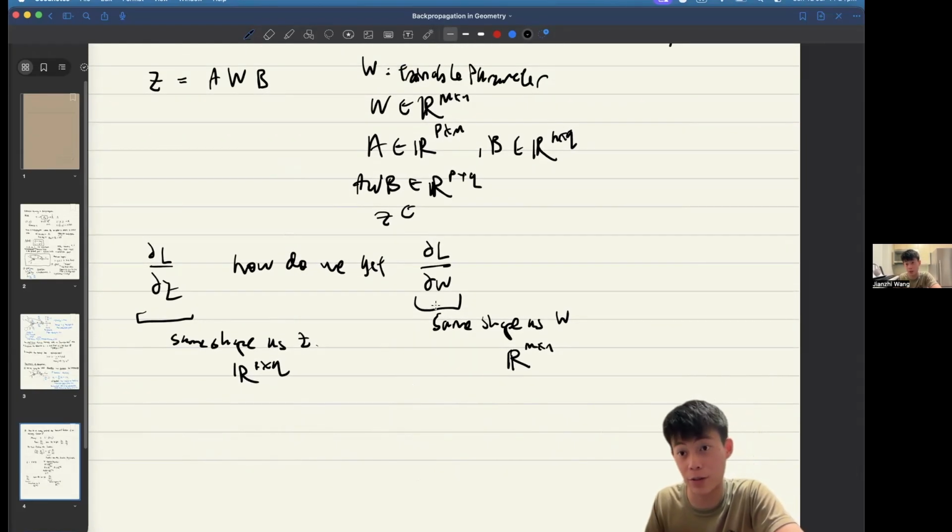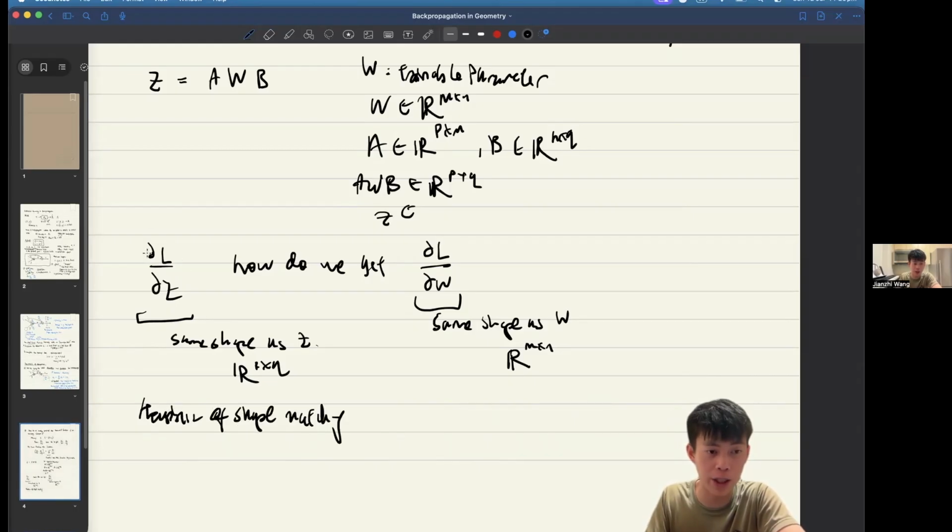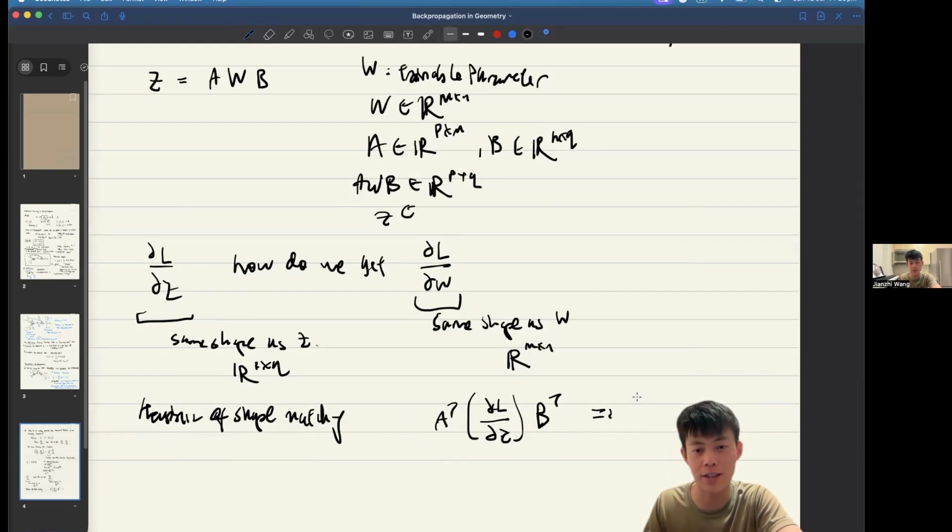Before I learned all the differential geometry tools, the way I used to do it is this. We use the heuristic of shape matching. We are given partial L partial Z, and we want to get a shape of R^(m by n), right? If you look at the shape, the only way this is possible is to do the following construction: you take the gradient of the output Z, partial L partial Z, you left multiply it with A transpose, you right multiply it with B transpose, and you would just call this partial L partial W. And this is correct.